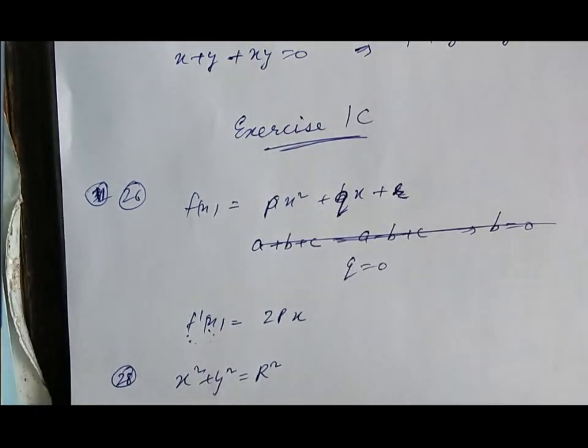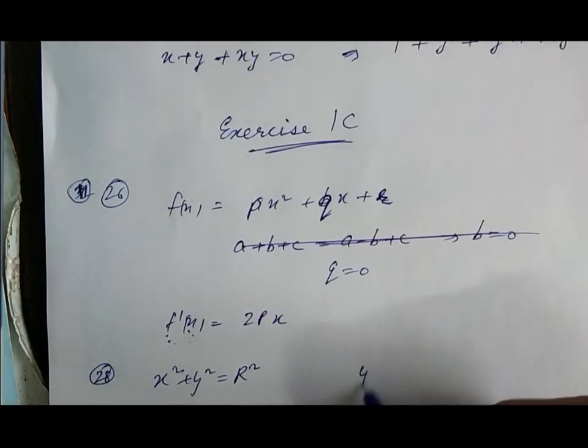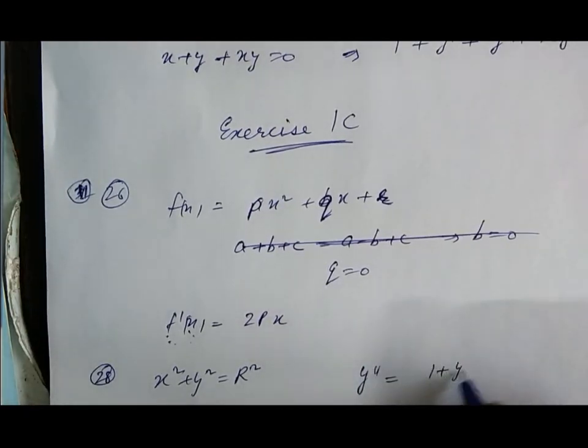Okay, so first differentiate this. So x plus y y dash is equal to 0, and 1 plus y y double dash plus y dash square will be equal to 0.